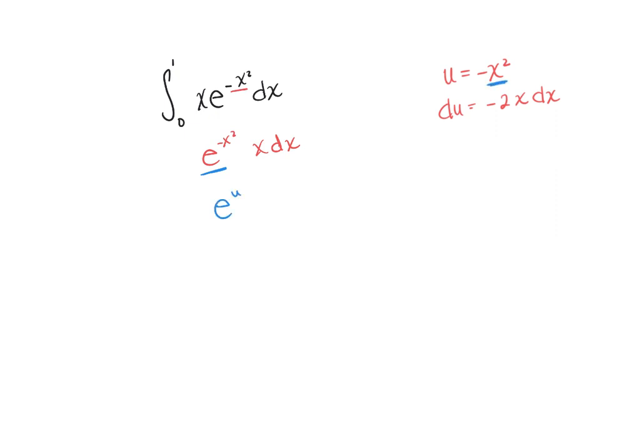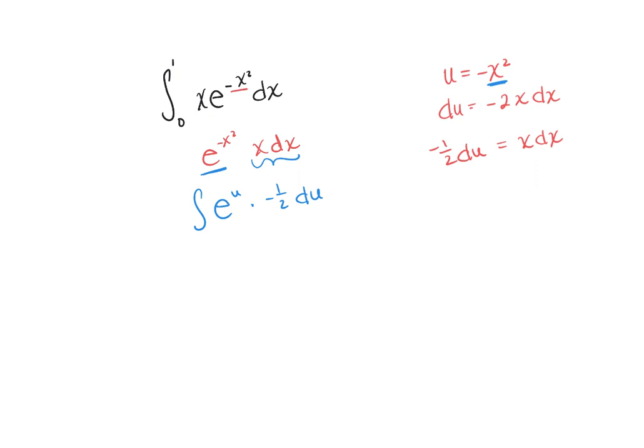That takes care of that. For x dx, I have a negative 2x dx. So this is where I would say, well, negative 1/2 du would take care of x dx, right? So then I can replace this x dx with negative 1/2 du. And that's every single piece of my original.